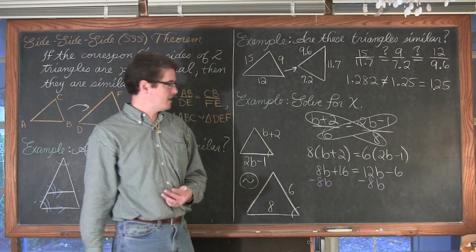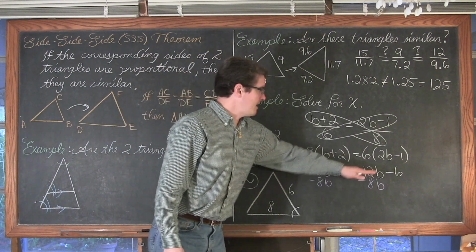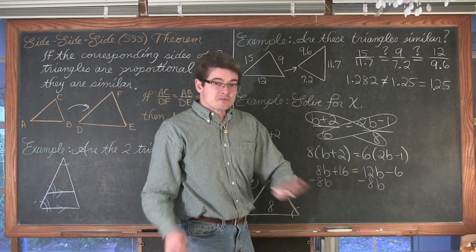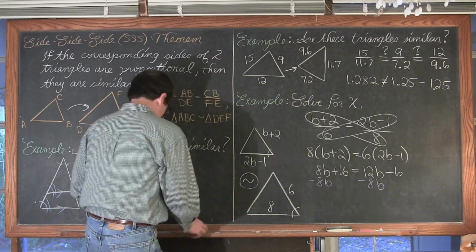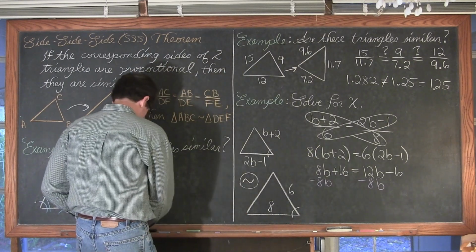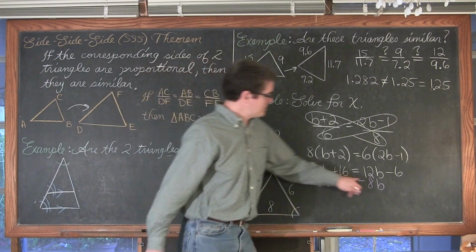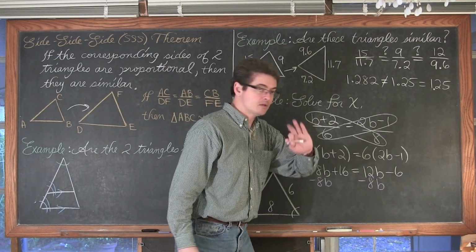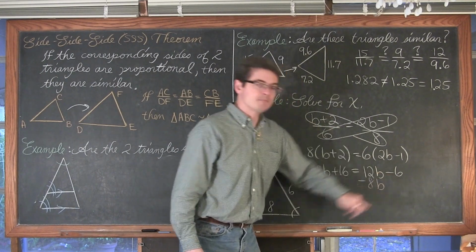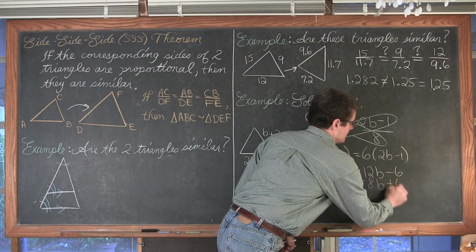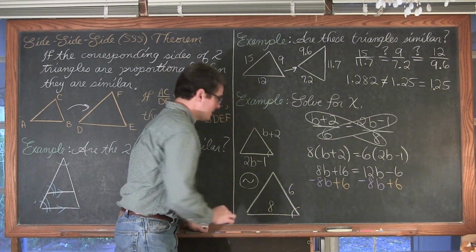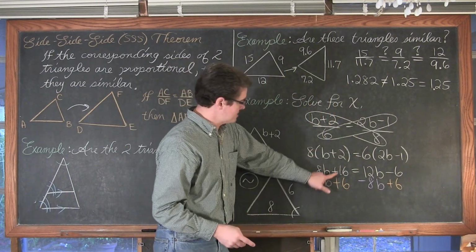I'm trying to avoid a negative if possible, so I'm taking my 8b to the other side. And I'm also running out of room, so I don't like to do this, but let me do a couple of steps at once. I'm going to have 4b over here when I'm done, so I'm going to move my b's to the right. So because of that, I want to take this negative 6 and add 6 to both sides of the equation. That should allow me to finish this.